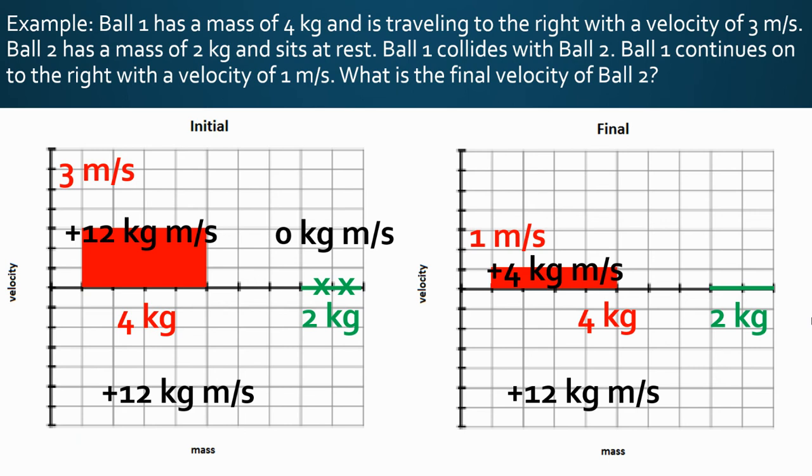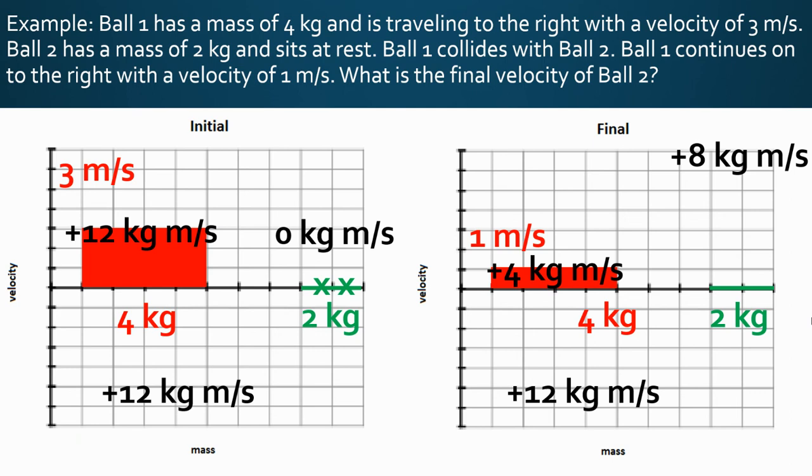So to figure out what the velocity of ball 2 is, we have to look at our total momentum and how much of that momentum is already taken up by ball 1. So we need a total of 12, but ball 1 has 4. So that must mean that ball 2 has a momentum of 8 kilogram meters per second. So the 4 from ball 1 and the 8 from ball 2 would give us 12.